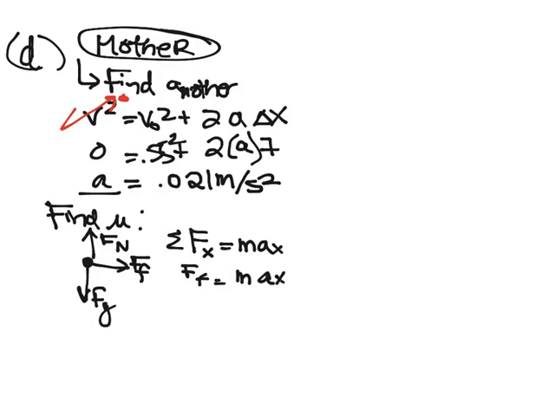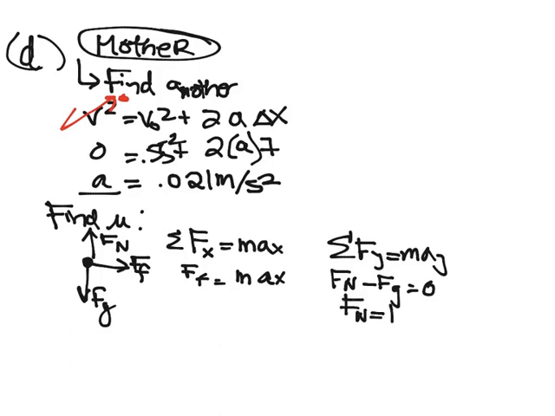I can write out sigma Fy equals may, and I have Fn minus Fg equals 0 because she is not moving up and down, and I find that the normal force is equal to Fg. In her case, it's mg, so that will be 700 newtons.